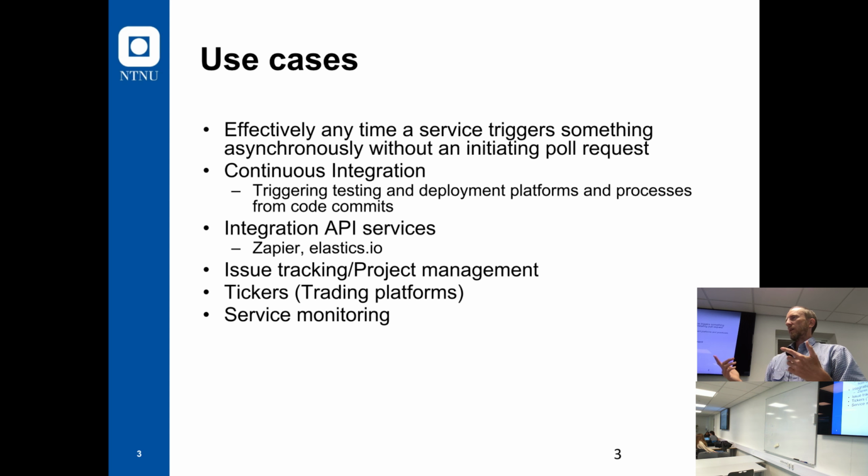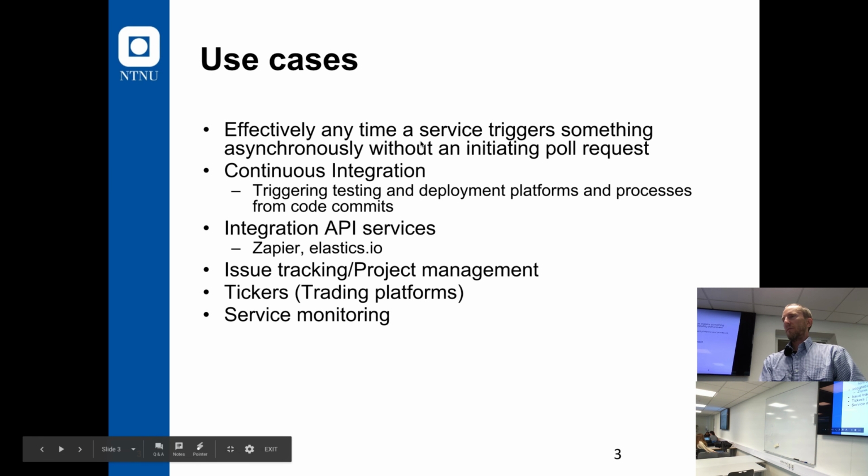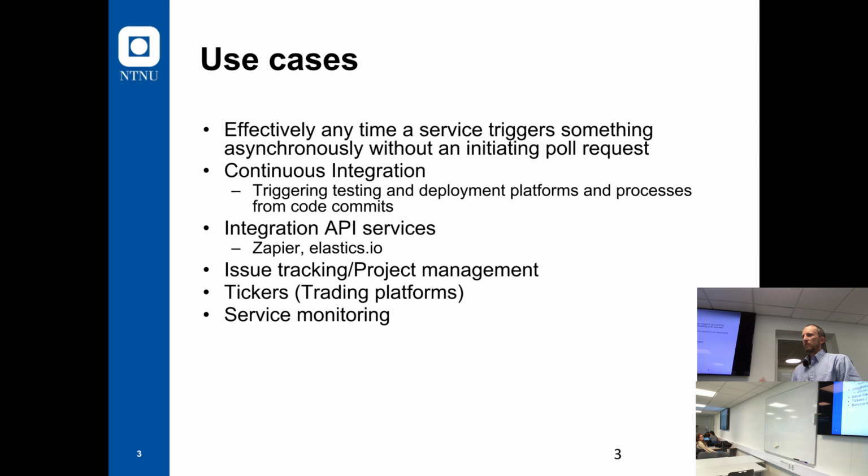As we were discussing with the clock, it is effectively a form of trigger that triggers something asynchronously. Normally the endpoints are called by the user. But in this case, it's not the user calling the endpoint, it is another service calling the endpoint.